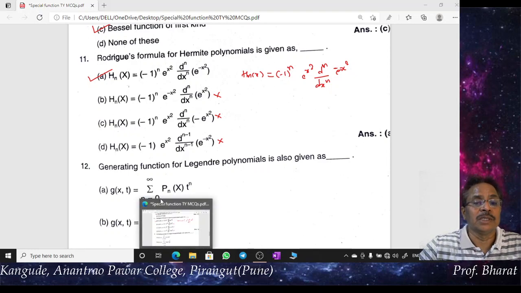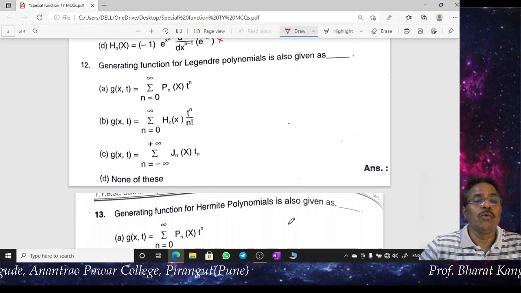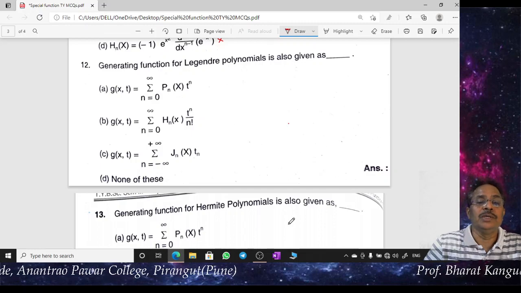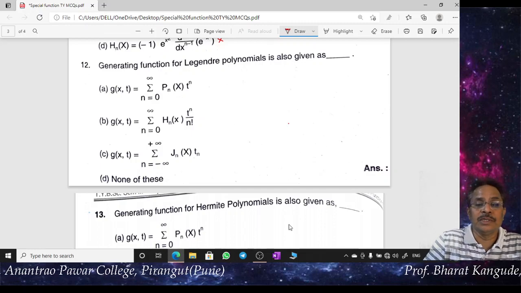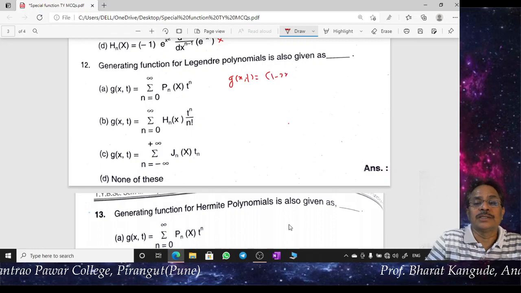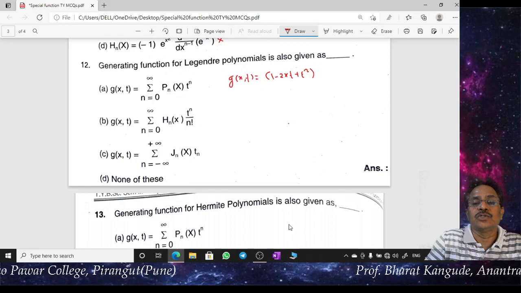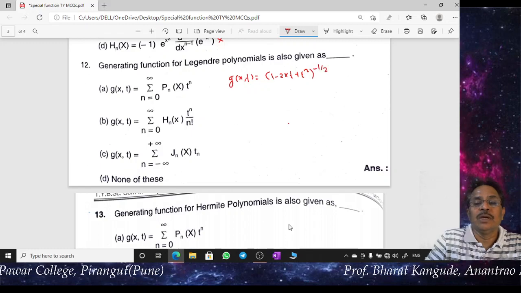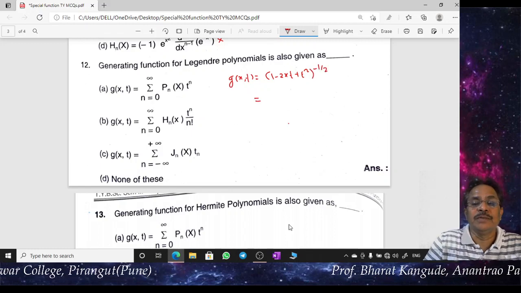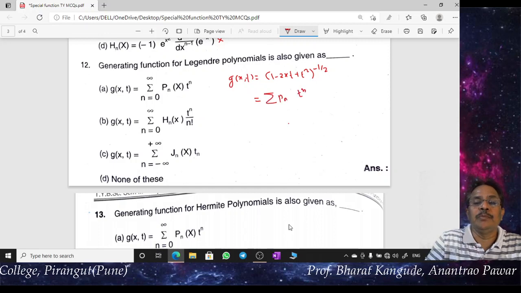Now question number 12. What we have to find is the generating function of the Legendre polynomial. Already we have seen the generating function of the Legendre polynomial is 1 minus twice xt plus t square, and this is to be raised to minus 1/2. We have to expand this g of x,t, and we get a polynomial in t raised to n multiplied by Pn of x.